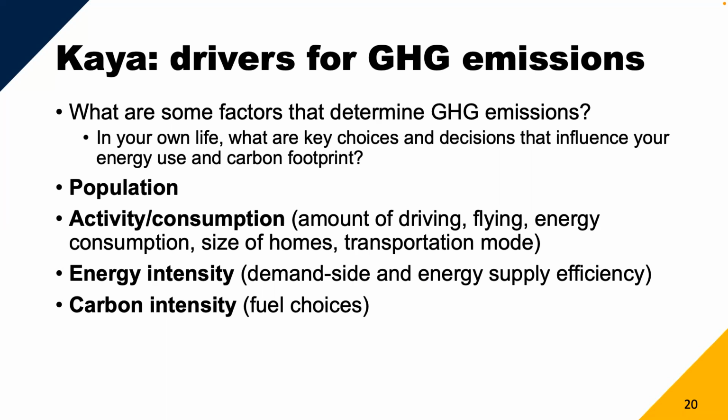And then you have carbon intensity, and this is usually what we associate with fuel choices. So if you switch from one fuel to another, one example of this might be if you switch from a gas water heater to an electric water heater, that's a fuel switch that has implications on the carbon intensity based off of upstream activities.